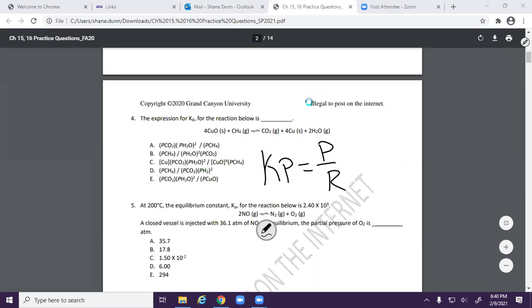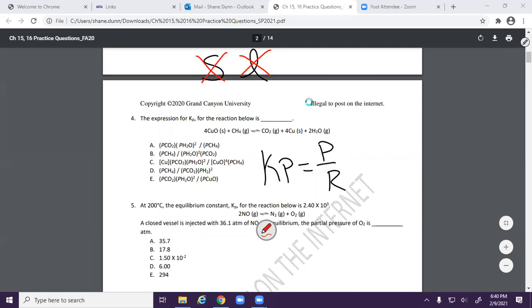Good. Now, when I'm dealing with K values, mainly Kp, there are 2 types of matter we do not like. What are those 2 types? No, we like gases. What do we not like? Solids and liquids. We do not like solids, and we do not like liquids, because they're pure. They don't do anything. They're useless to us as chemists. We like when things do something, right?